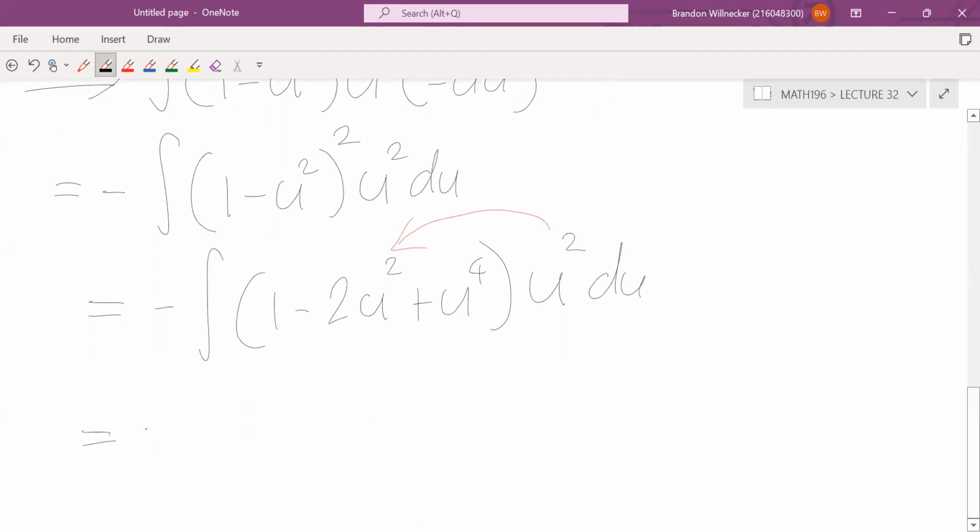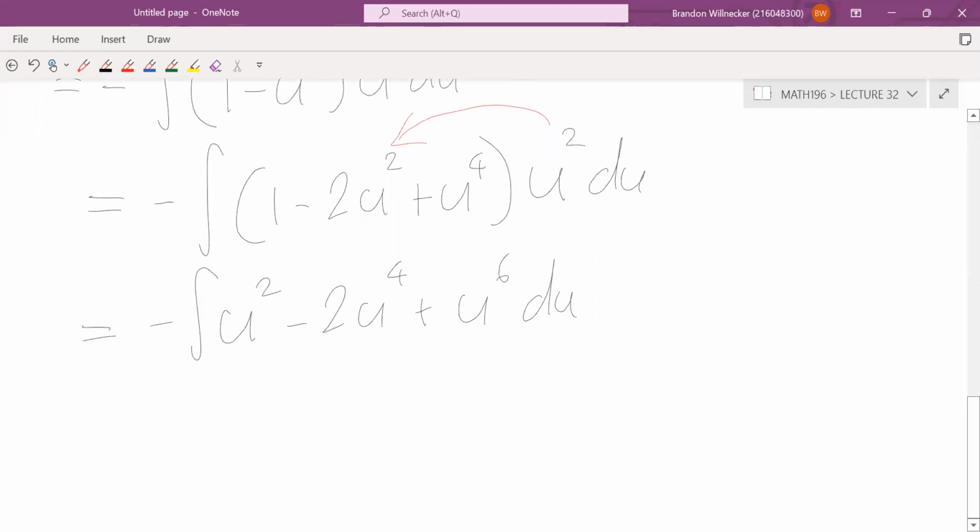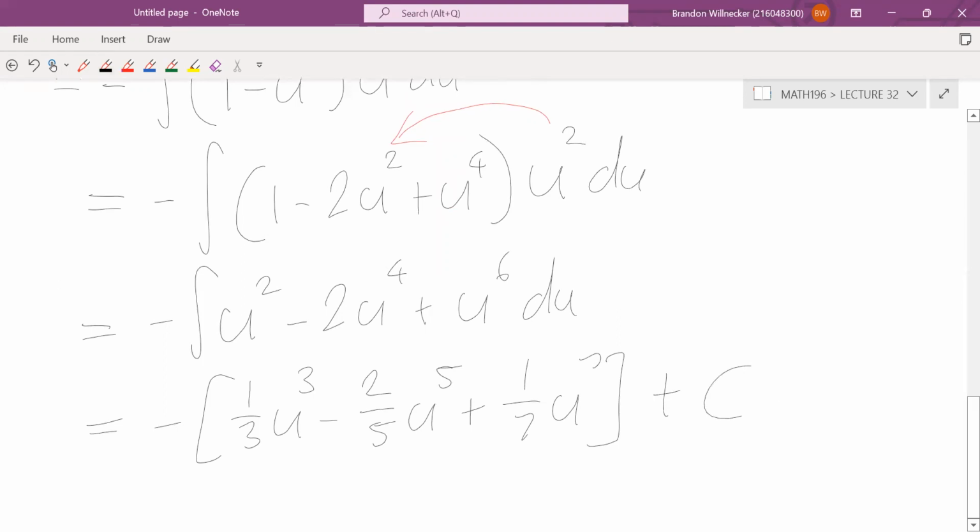So this is going to become minus the integral u squared minus 2u to the 4 plus u to the 6 du. Okay, so I just multiplied that inside. So what's the next thing that we do? We integrate. So this is going to be minus 1/3 u cubed minus 2/5 u to the 5 plus 1/7 u to the 7 plus c.